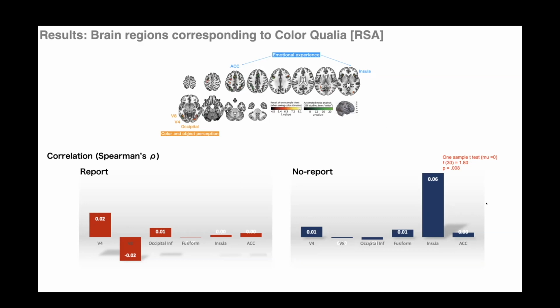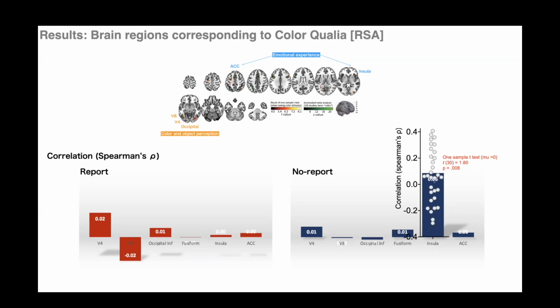And what we found is that in the insular, it was significant, one sample t-test, significantly different from 0. So the insular was the region most correlated with the subjective experience or Qualia structure. Okay, but we have a lot of individual differences.